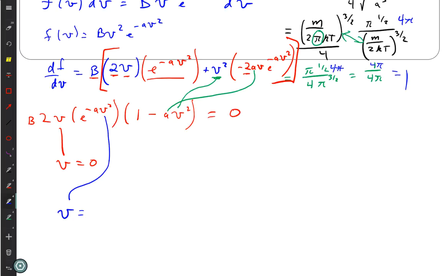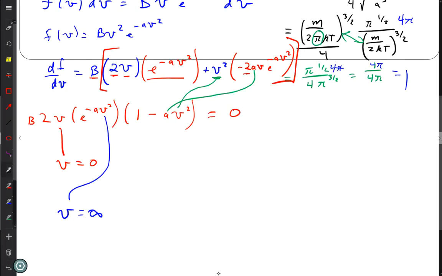If v is equal to infinity, plus or minus infinity, but we're only allowed positives. So those first two were the trivial ones that we're not going to use. We know that a speed of 0 is not going to be our most probable because the probability is 0 there. We know a speed of infinity is not going to be our most probable because it's a probability of 0 again. So it has to be the last one.